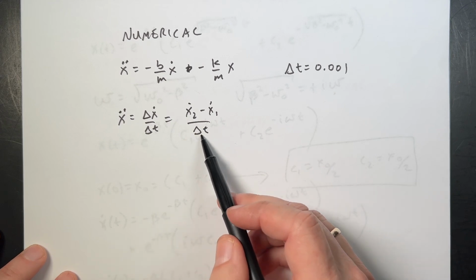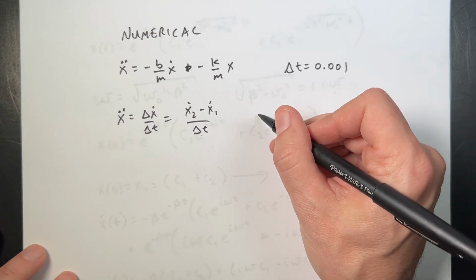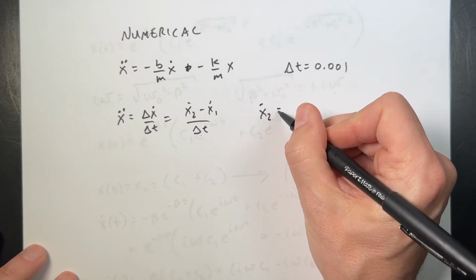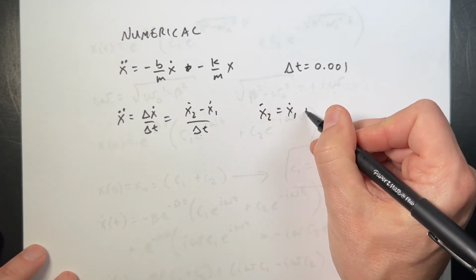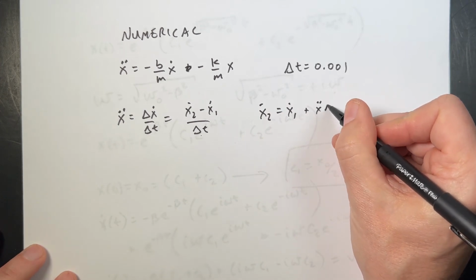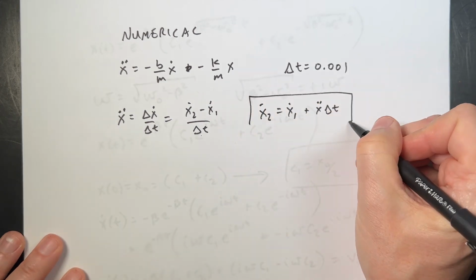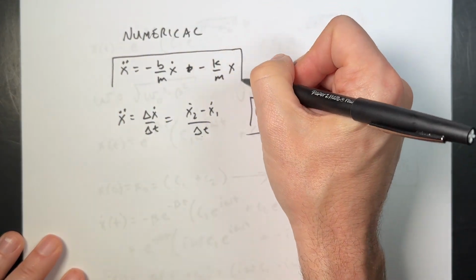So if I multiply by delta t and add x1 dot, I get x2 dot equals x1 dot plus x double dot delta t. This is important.